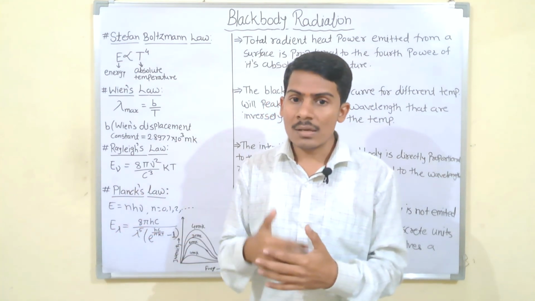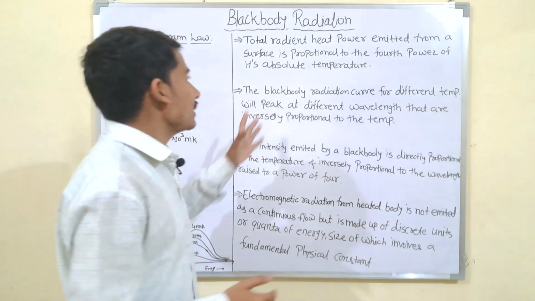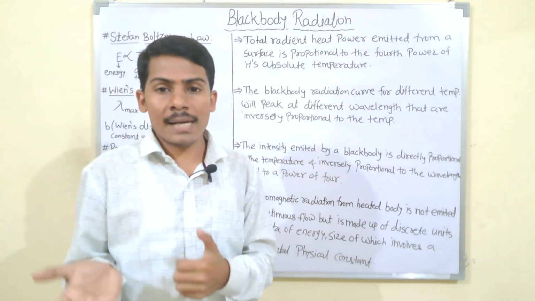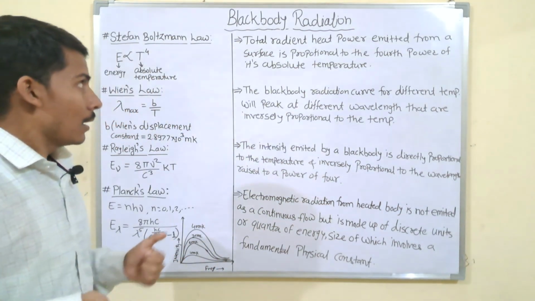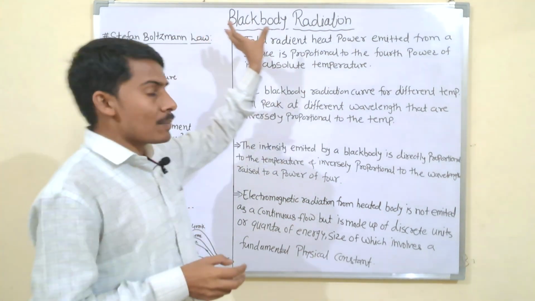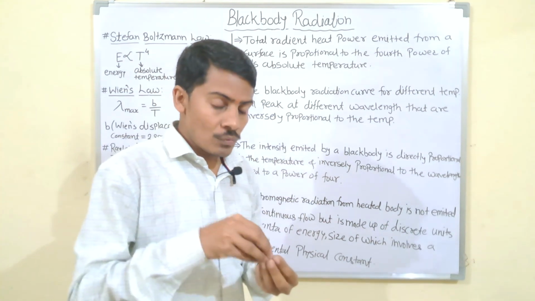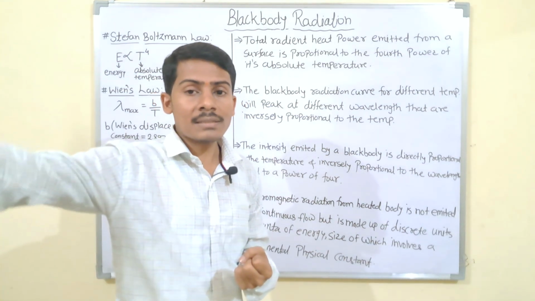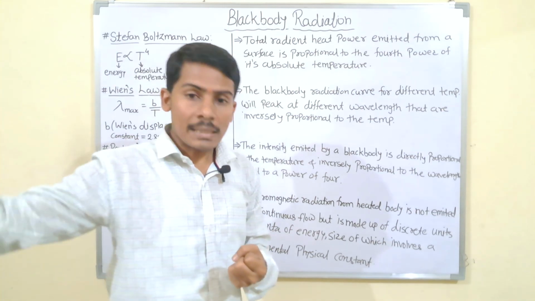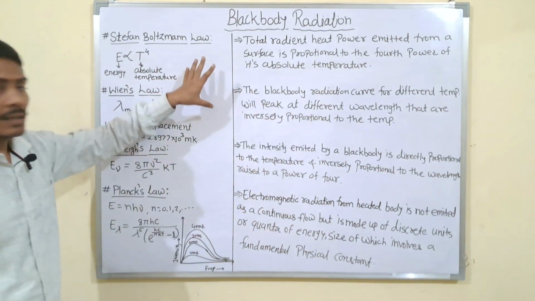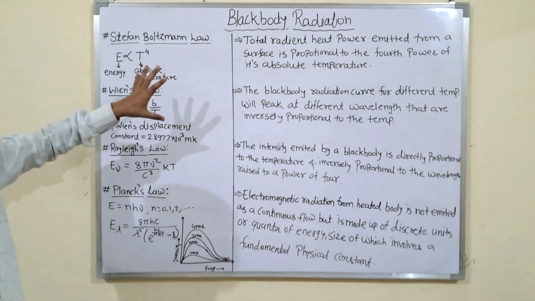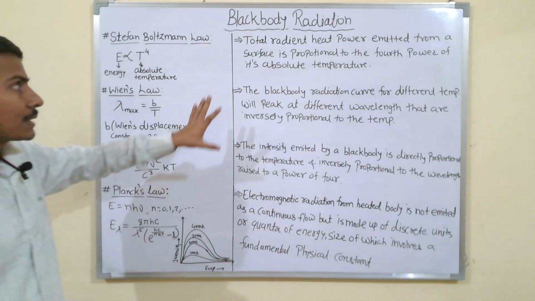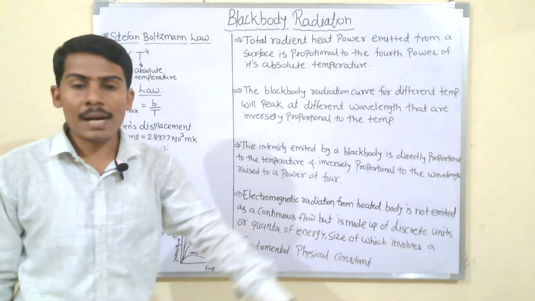Now we will see one by one the laws and their statements regarding black body radiation. I told you about the black body, but if we heat that substance and radiations are emitted, that is nothing but black body radiation. Now we will see the laws which were developed one by one, and finally Planck's law gives all this black body radiation.